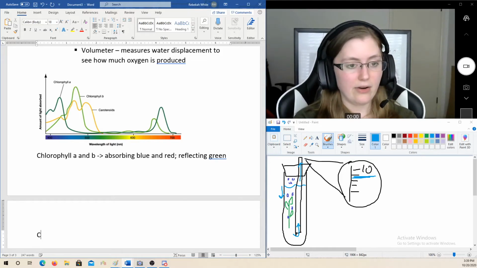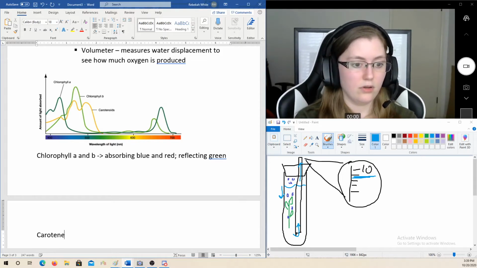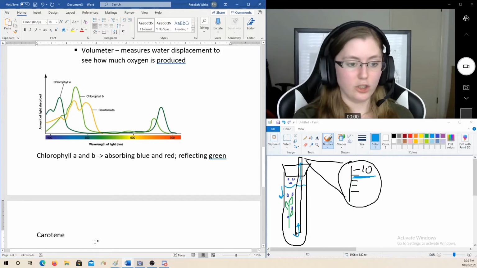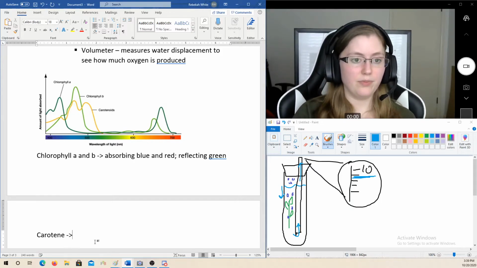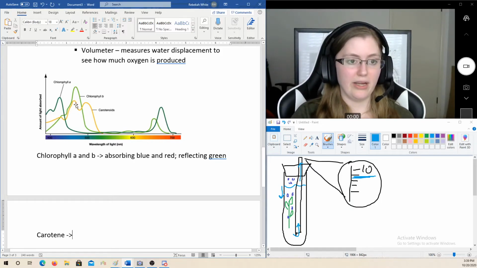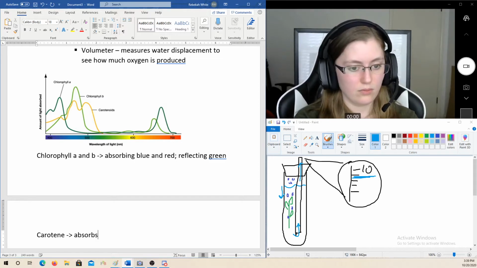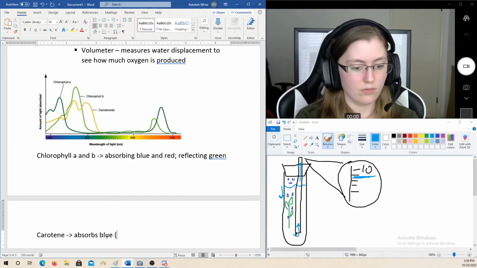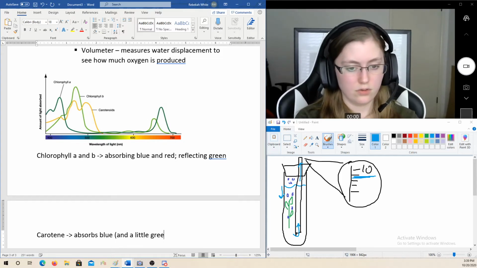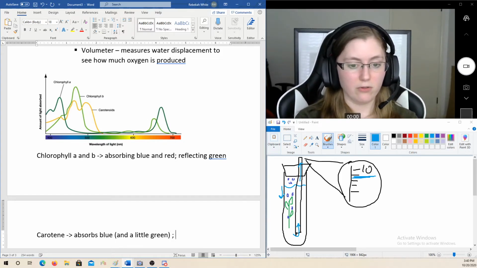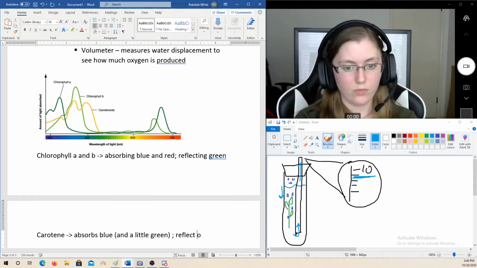And then we've got carotene. Carotene is our yellowy orange pigment. And it is going to be absorbing in the blue spectrum here, and it absorbs a little bit in the green spectrum, and it reflects orange and yellow.